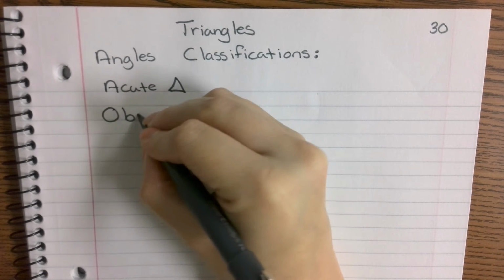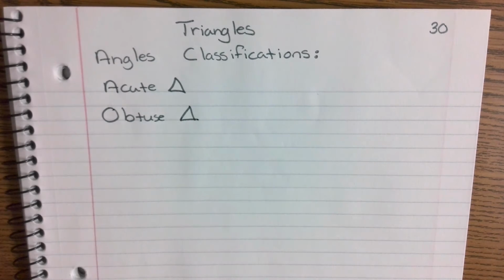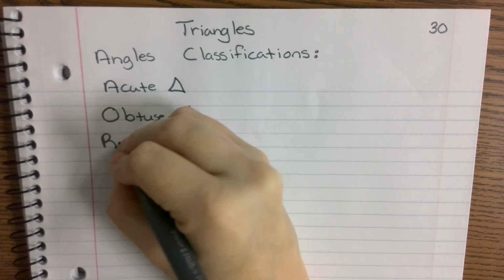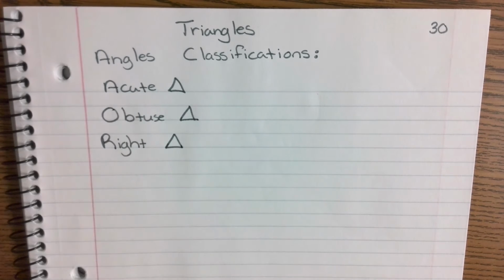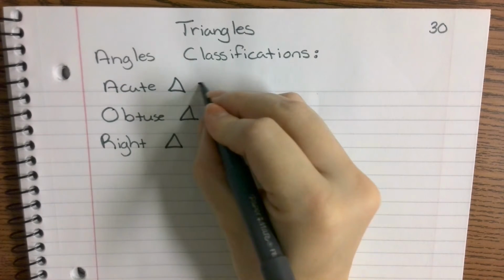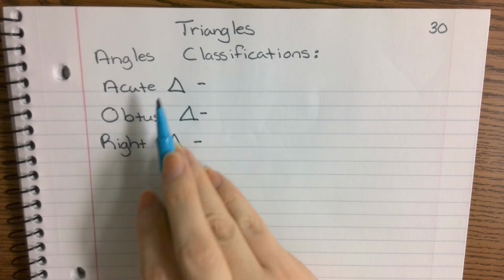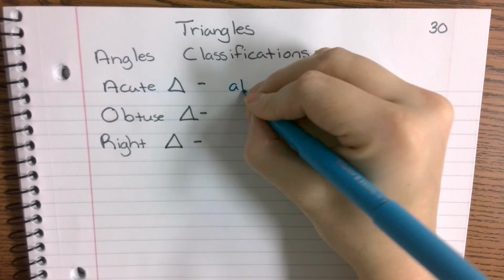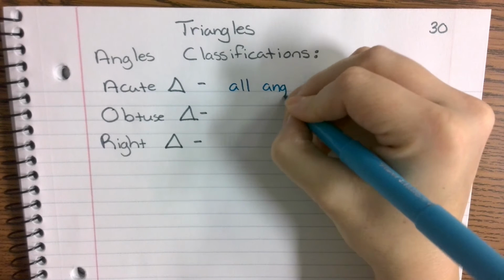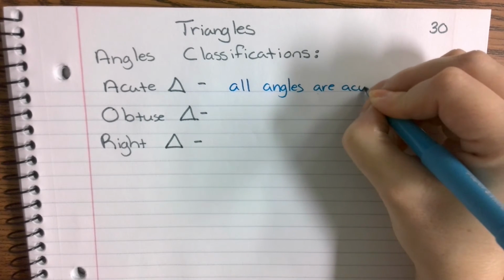You have an obtuse triangle, and you have a right triangle. If a triangle is called an acute triangle, that means all 3 angles are acute.